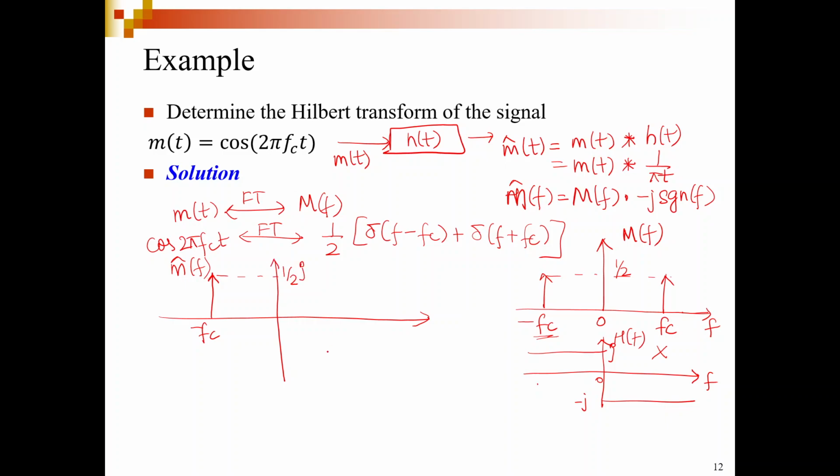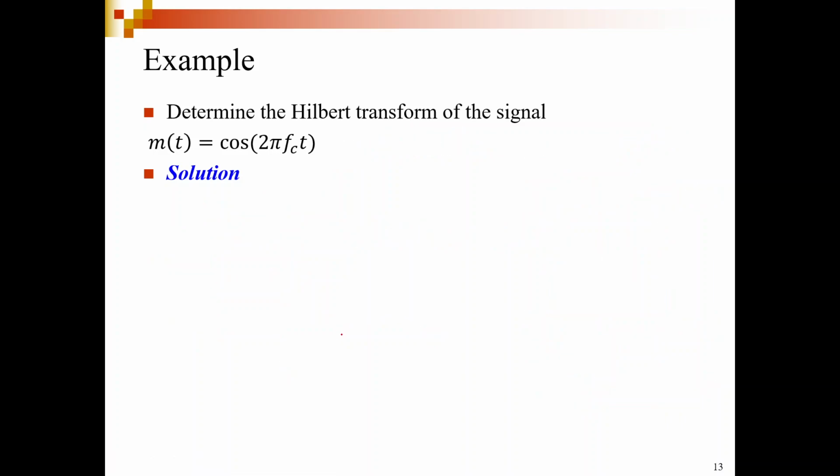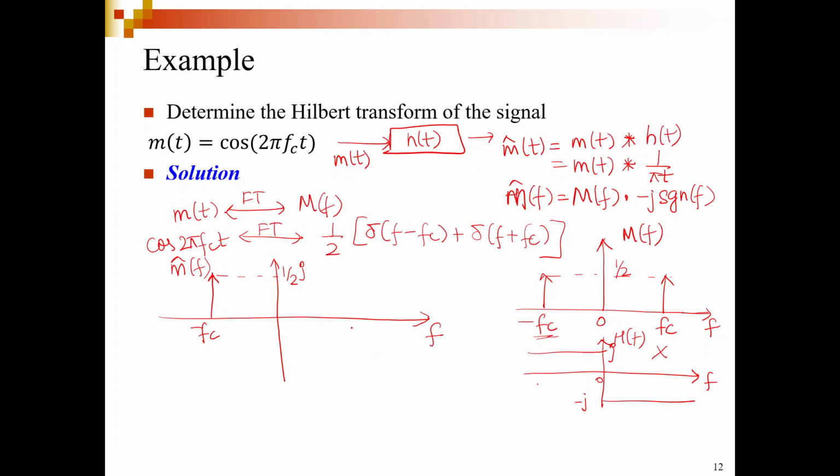This is m cap of f, whereas the spectrum at plus fc will have a negative amplitude, minus j by 2 at fc. So this is the resultant spectrum that we are going to get.